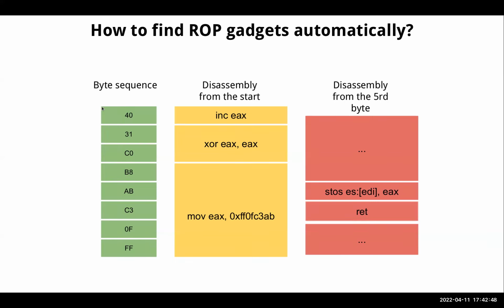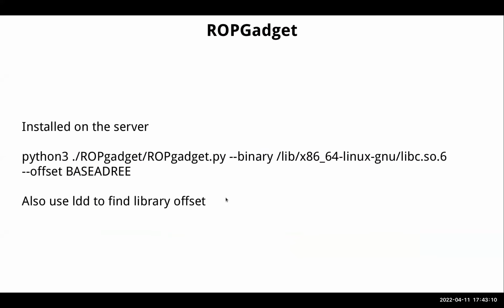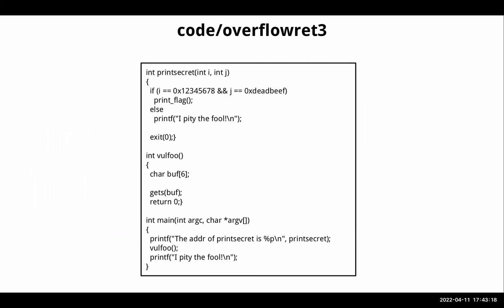So what you can do is develop a disassembler to interpret from every byte, one by one, okay? Then you can find all the gadgets in the memory space. And a lot of people already developed tools for you. That's why I listed those tools for you, right? So next, how do we use those tools so you don't need to develop them by yourself?